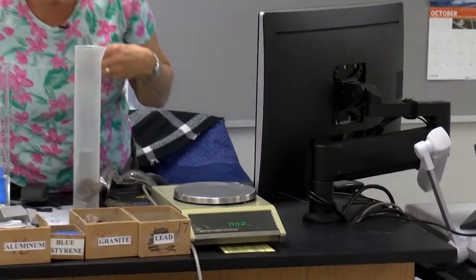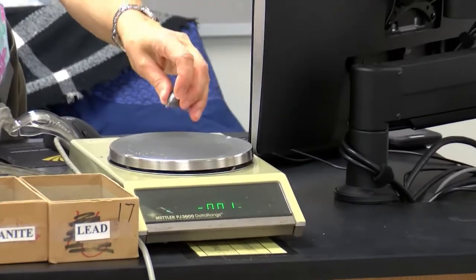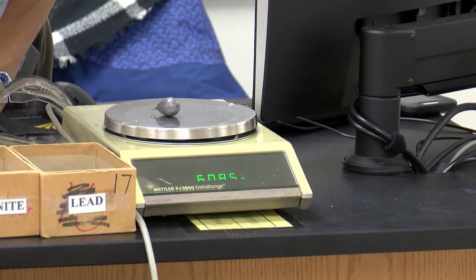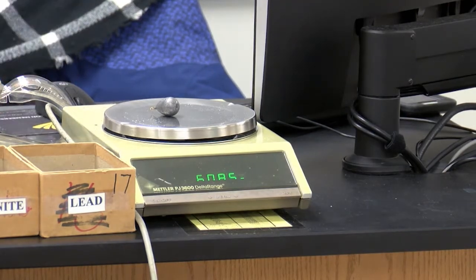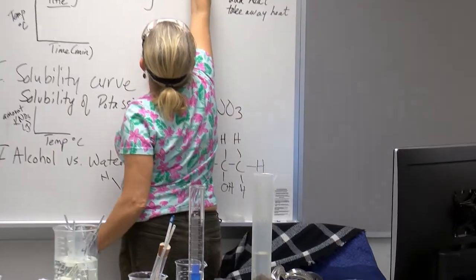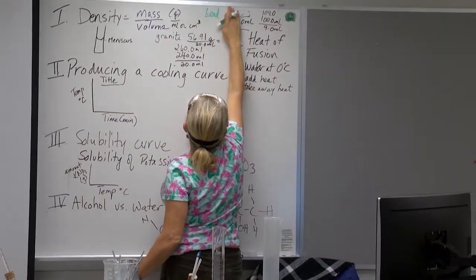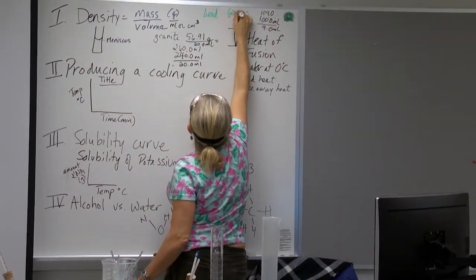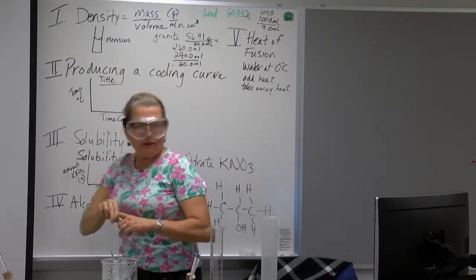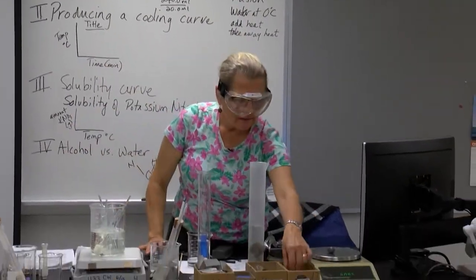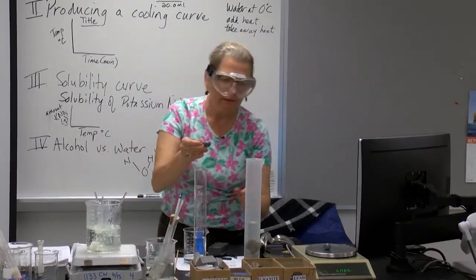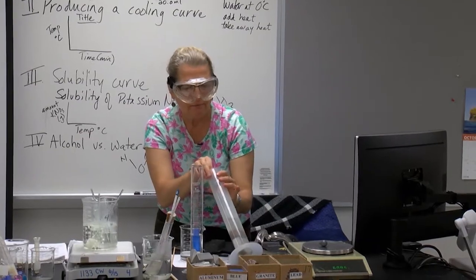Zero that out. Okay, measure this piece of lead. 60.85 grams. Okay, this is going to be the lead. 260.85 grams. Now let's take this piece of lead and stick it in here.